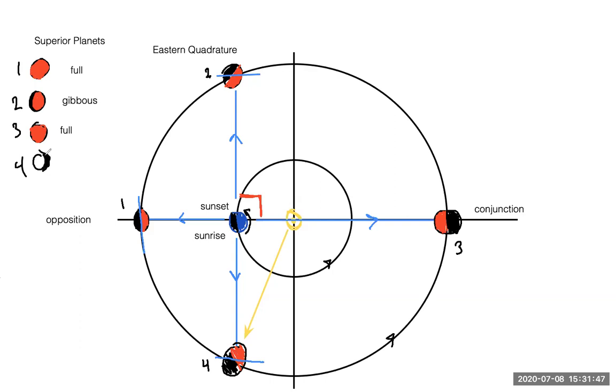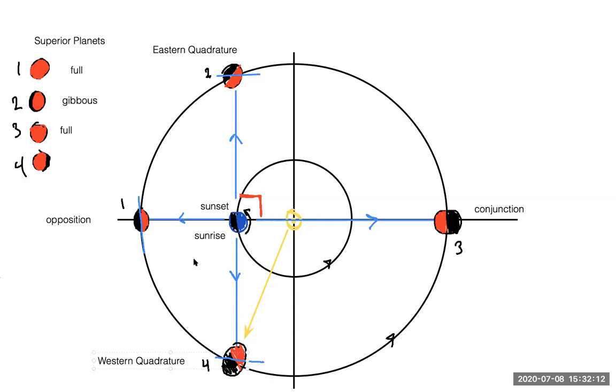And this time that shadow is going to appear on the right instead of the left. Like this. So here we have Western quadrature.